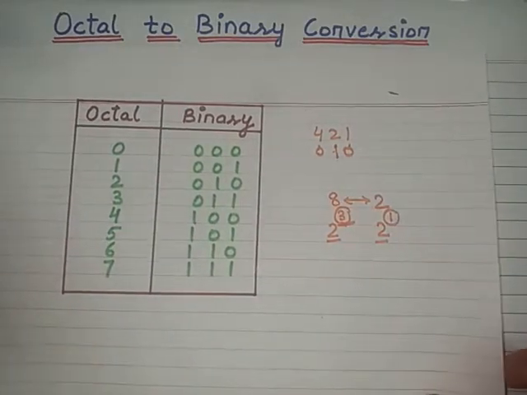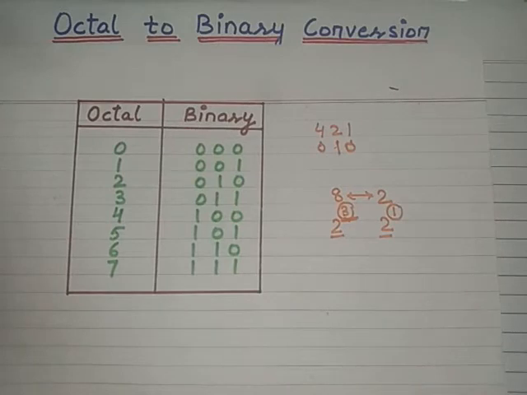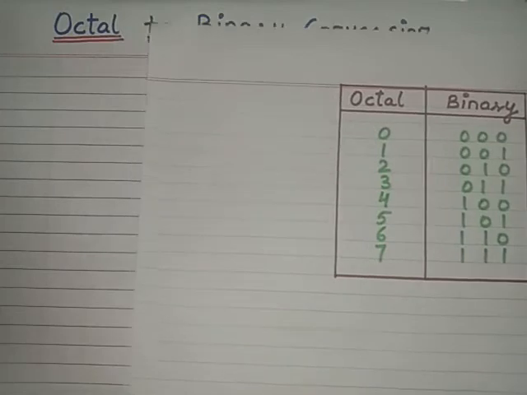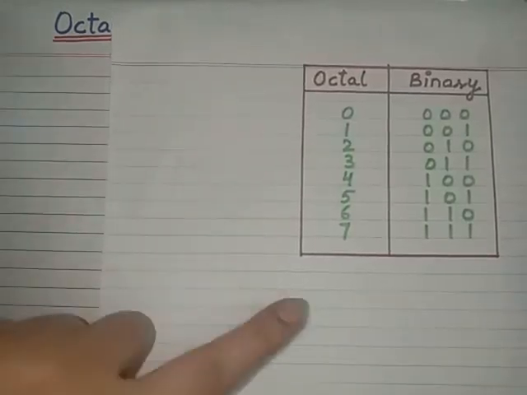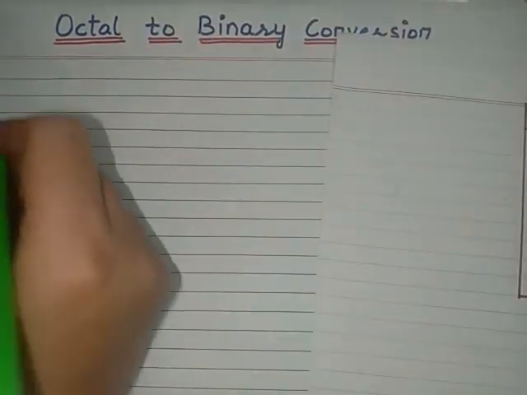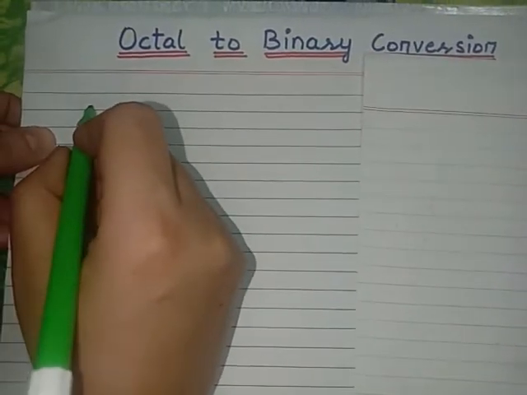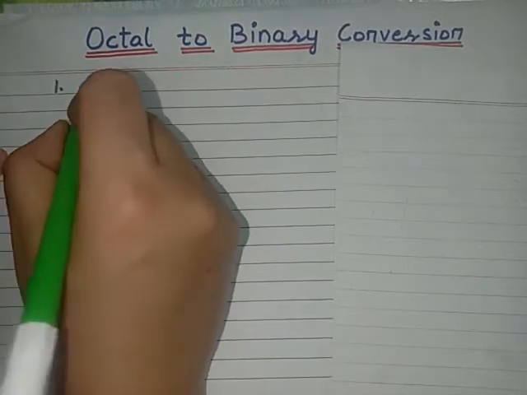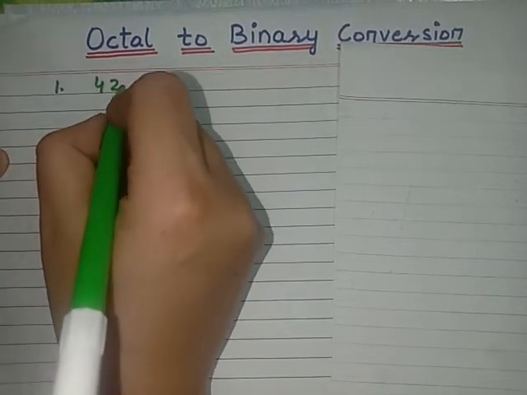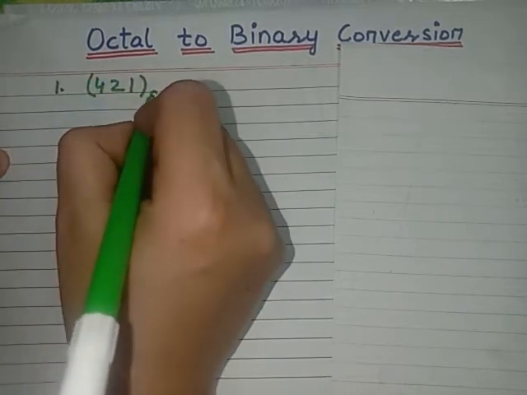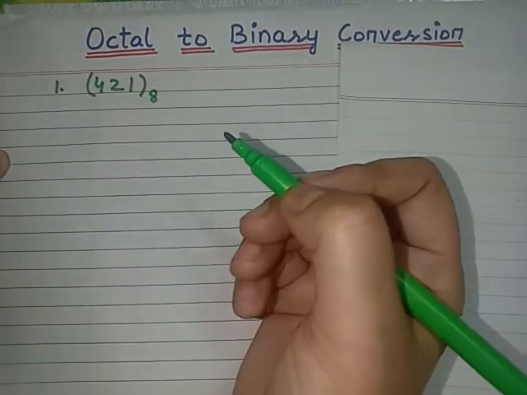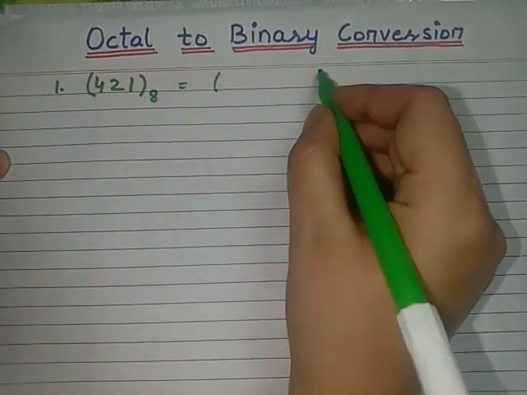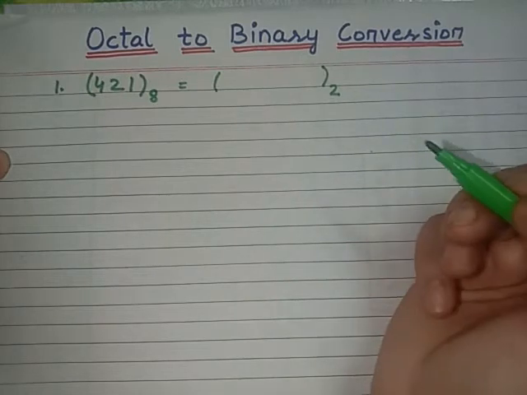I will be solving some examples using this table. Suppose our first example is a number 421, and this number is in the octal number system, and we have to convert it into the binary number system.